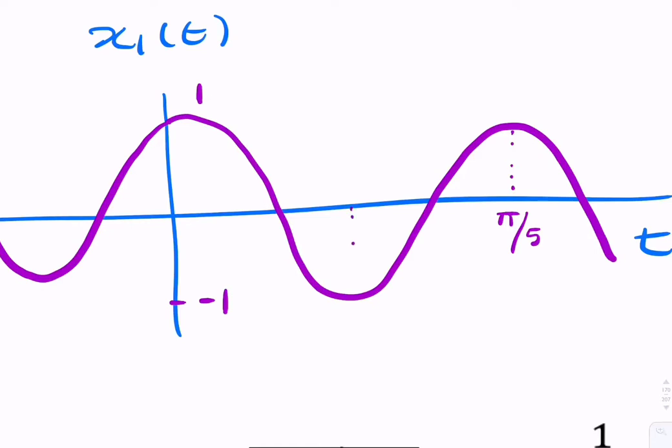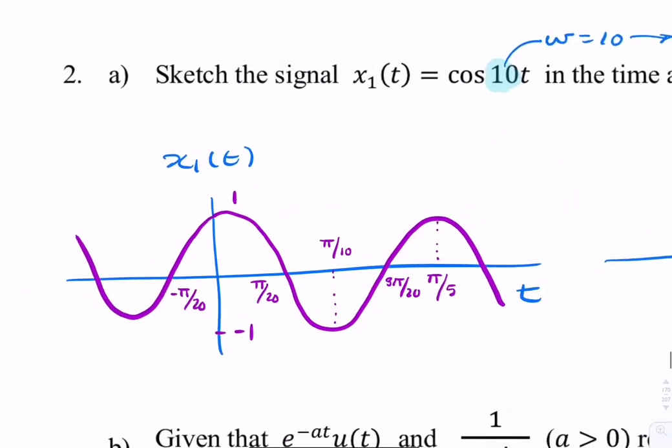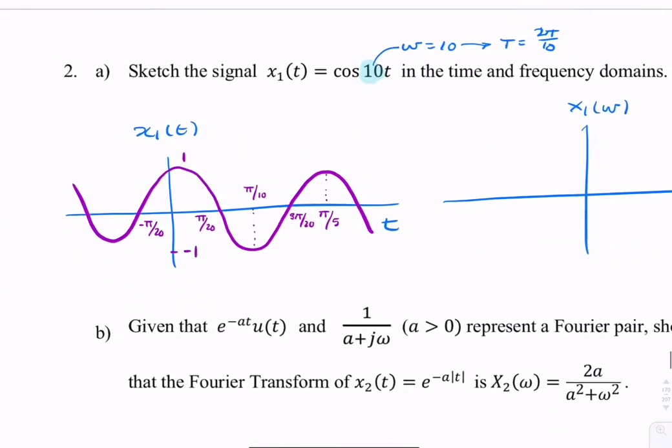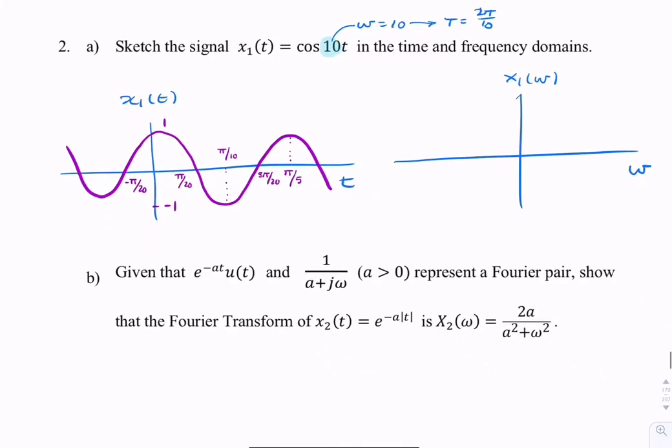This would be half that, so pi over 10, and this would be pi over 20, and this would be minus pi over 20. And here you'd have 3 pi over 20.